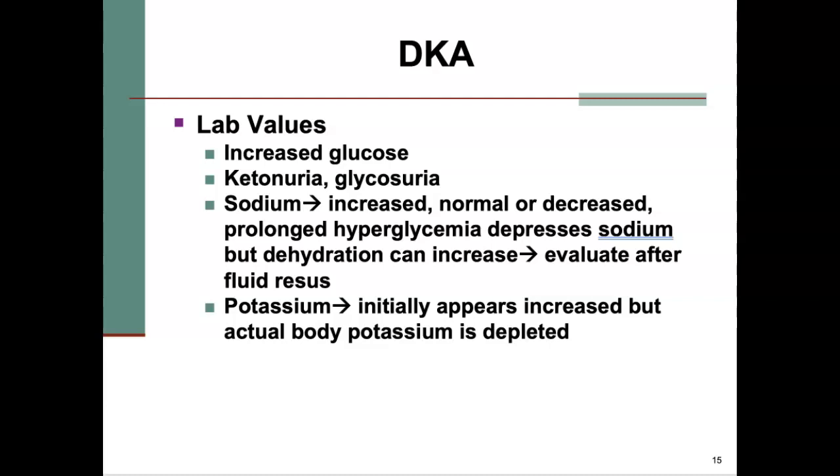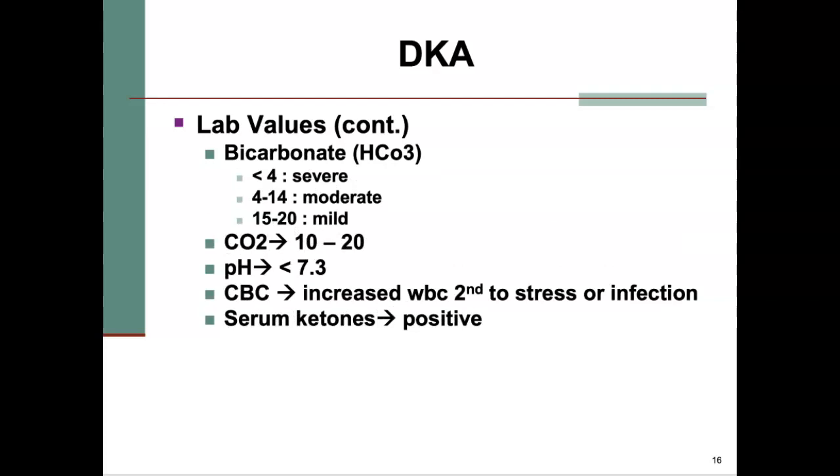Potassium initially appears increased, but actual body potassium is decreased. The bicarbonate, it depends on the diabetic ketoacidosis, whether it's severe, moderate, or mild. Your PCO2 tends to be low because you're hyperventilating, trying to blow off this acid. The pH is going to be acidic. Your CBC could be increased secondary to stress or infection, and your serum ketones are positive.